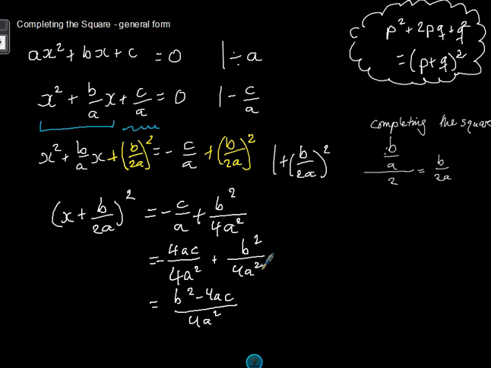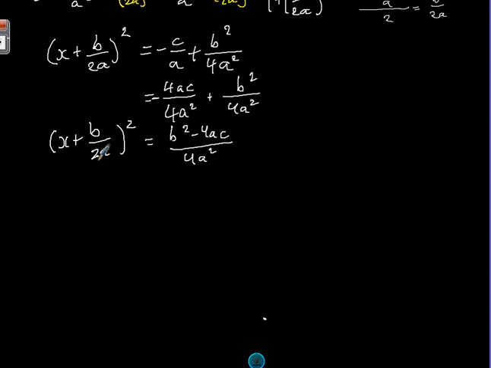You'll notice I have just inverted these two because there's a minus here that's positive, so I can take it in front, and the common denominator is 4a squared.